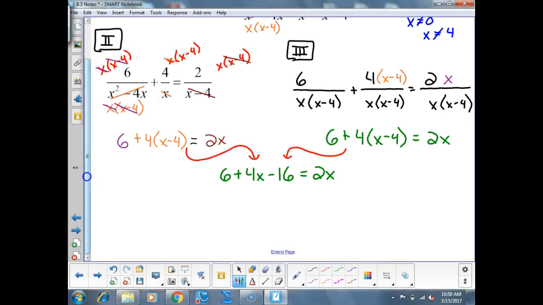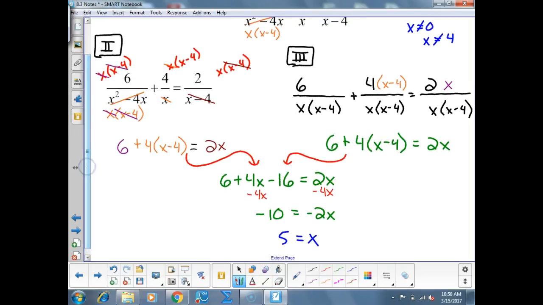Then I would subtract 4x from both sides. So then that gives me negative 10 equals negative 2x. So that gives me 5 equals x. 5 was not one of my 2 restrictions, so 5 is my answer.